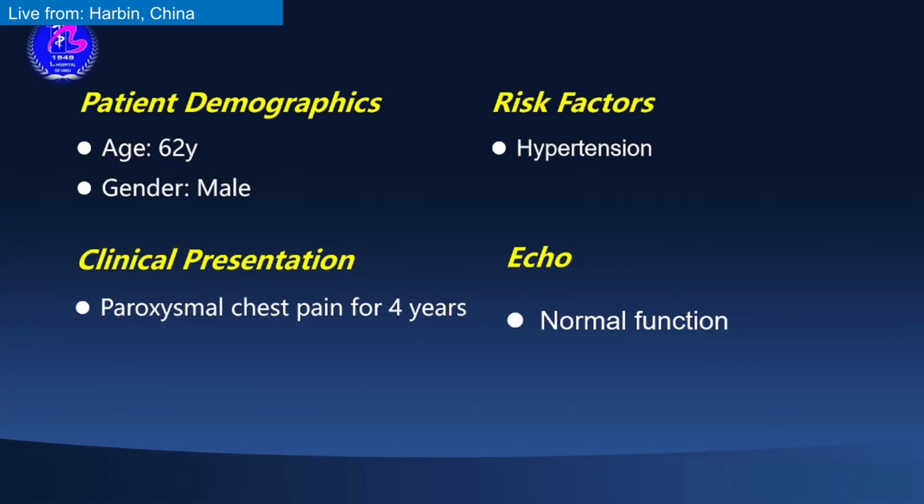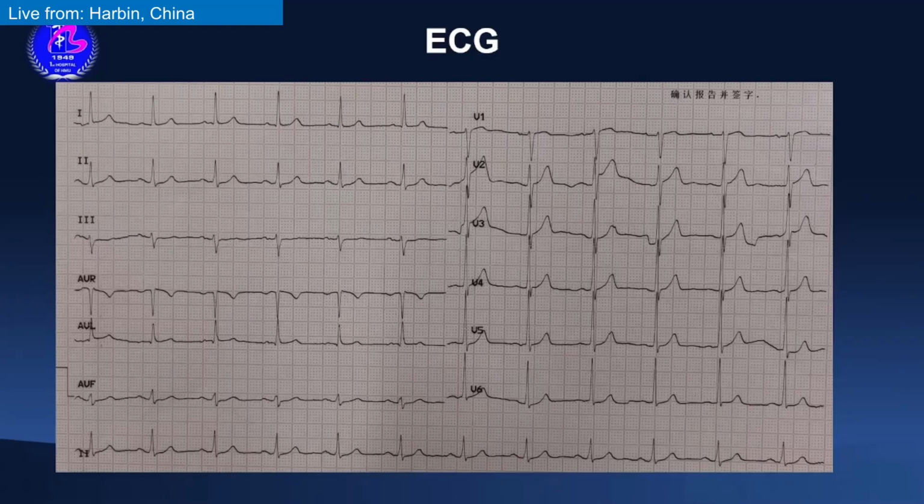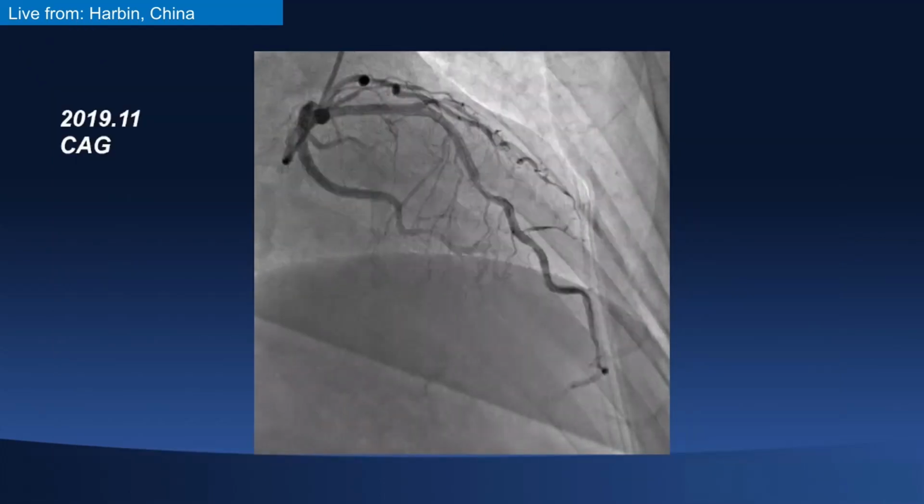The main risk factor of his disease is hypertension. His echocardiogram showed an ejection fraction of 68% with no motion abnormalities. The electrocardiogram showed sinus rhythm and no T wave inversion or ST segment depression.